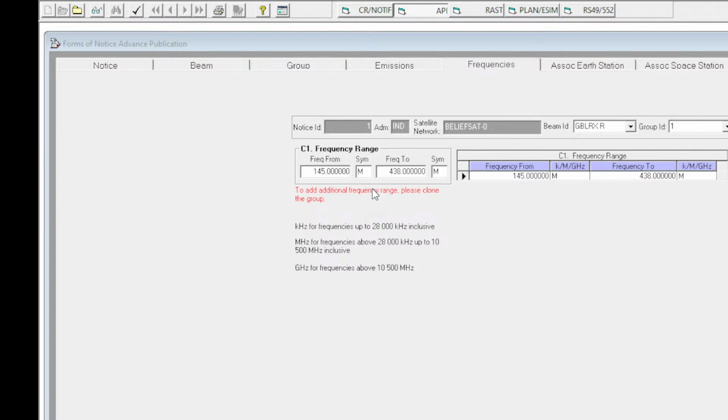The frequencies have been added and the entire band is taken into consideration. That's fine. So this is the frequency section where each and every frequency with the frequency range is listed, which we have already entered. Here we have from 145 to 438.